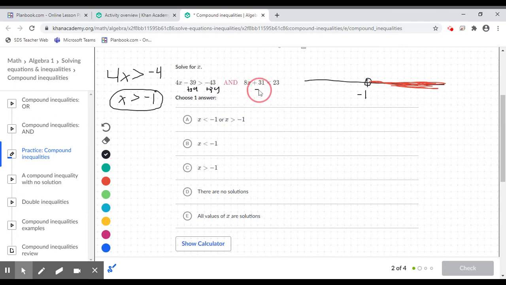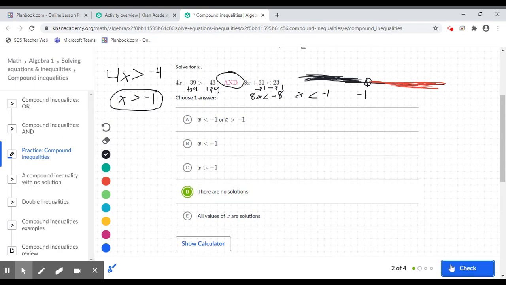Next one, let's subtract here. 8x is less than negative 8. We divide by 8. We get x is less than negative 1. Oh, that looks familiar, doesn't it? In that case, there is no situation where x is both greater than negative 1 and less than negative 1. There are no solutions.